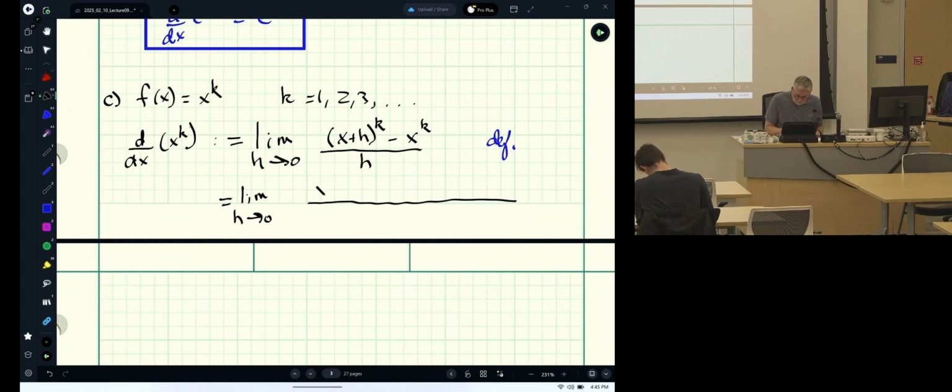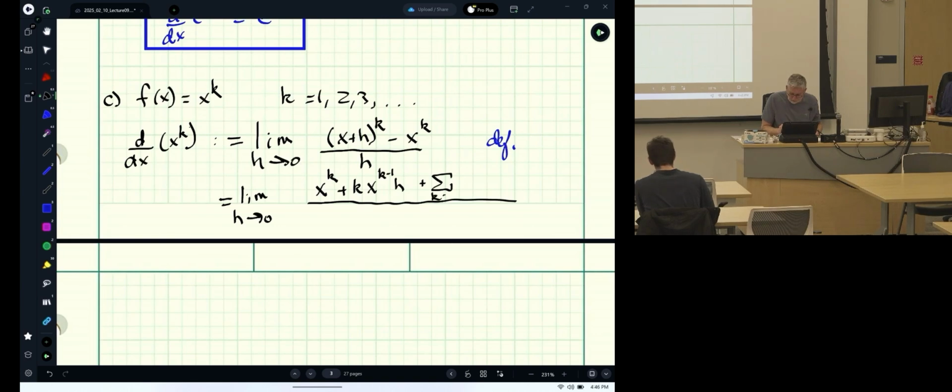So this becomes, the leading term is x to the power k. The next term is k times x to the k minus 1, times h. Excuse me, they've all got to add up to k. And then there's all of the other terms.